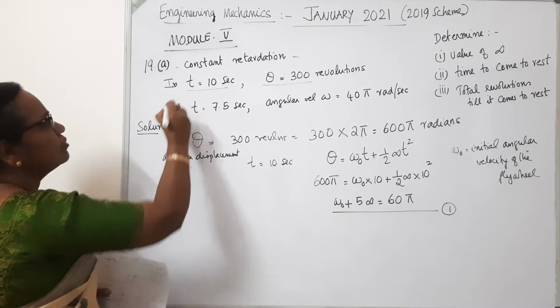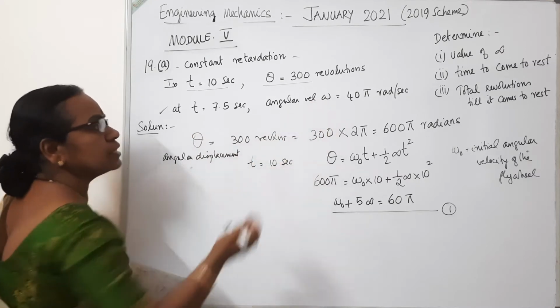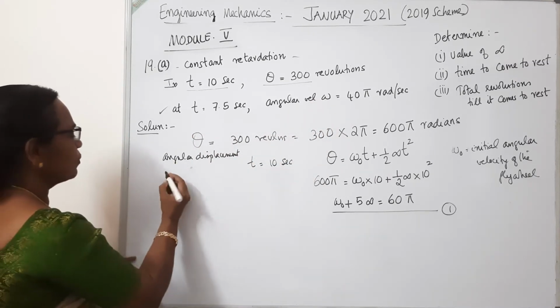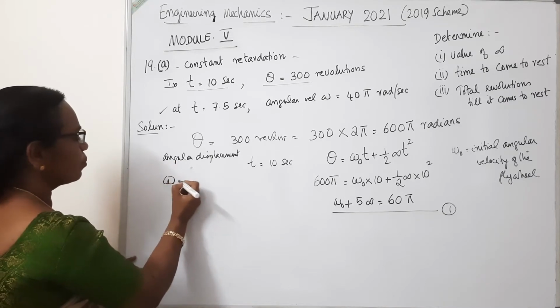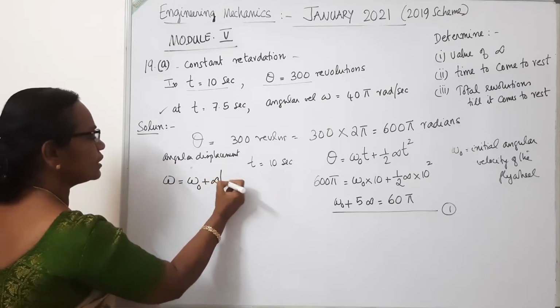Next, the second condition given. When time is 7.5 seconds, its angular velocity is 40 pi. What is the equation connecting the velocity, initial velocity and final velocity? The velocity omega is equal to omega 0 plus alpha t.